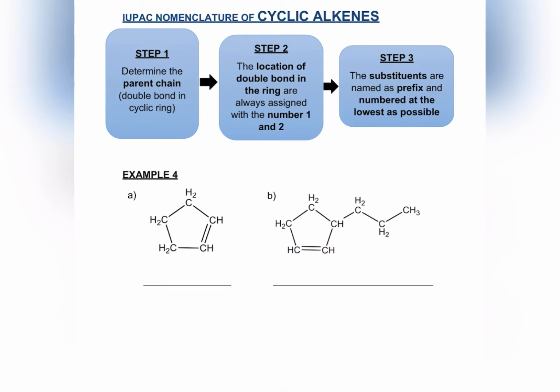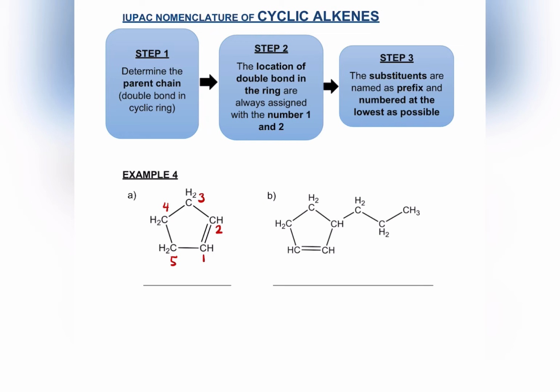So I'm going to start here. 1, 2, you go up. You cannot go here because here you have no double bond. So you go up, and after that, you go 3, and then 4, and then 5. So make sure you follow anti-clockwise or clockwise based on the structure given.